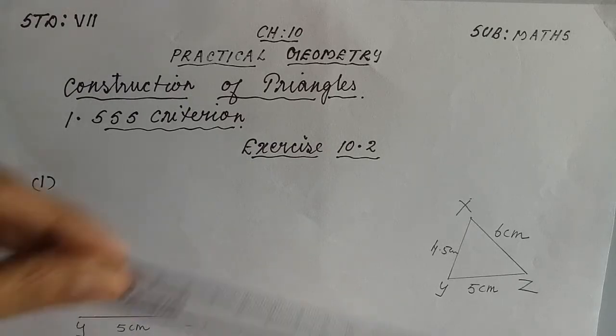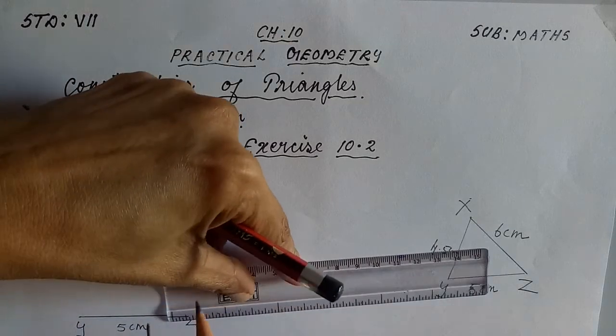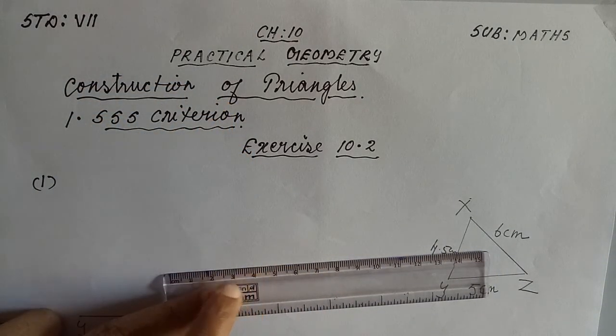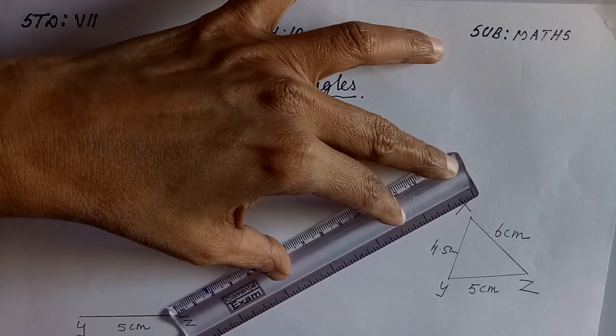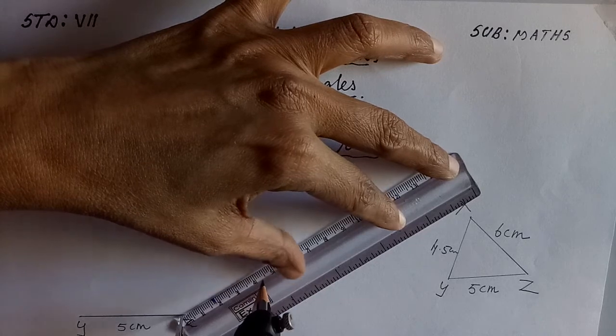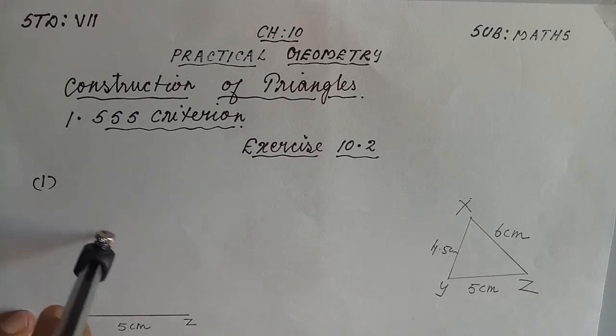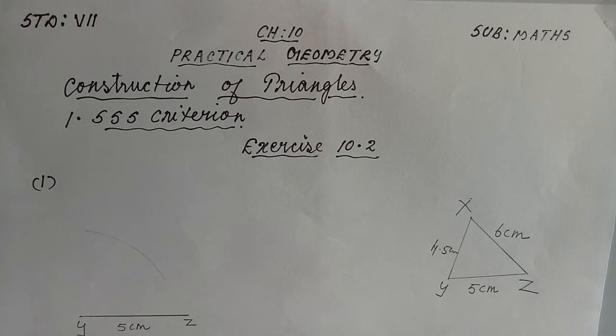So from the scale, take 4.5, up till 4 and 4.5. So I have taken 4.5. Keep the compass at the point here and draw one arc of the circle.